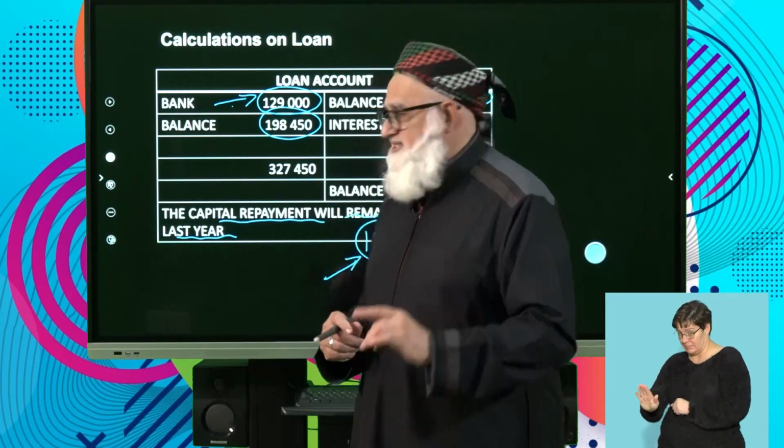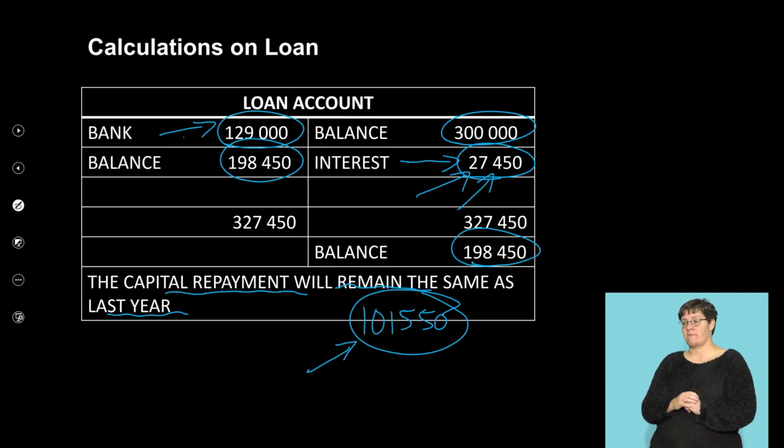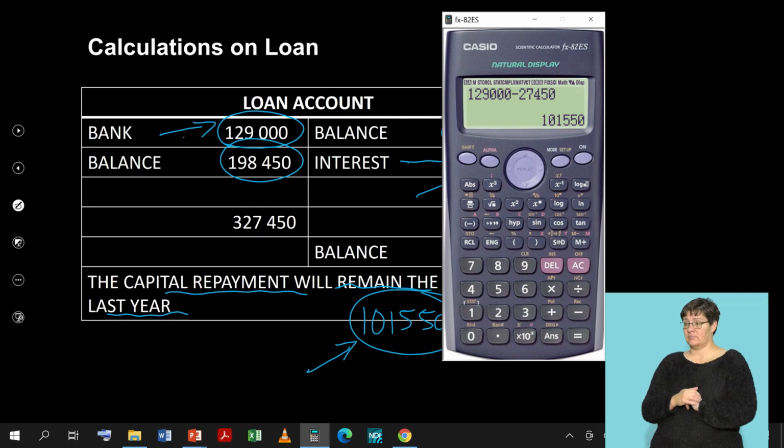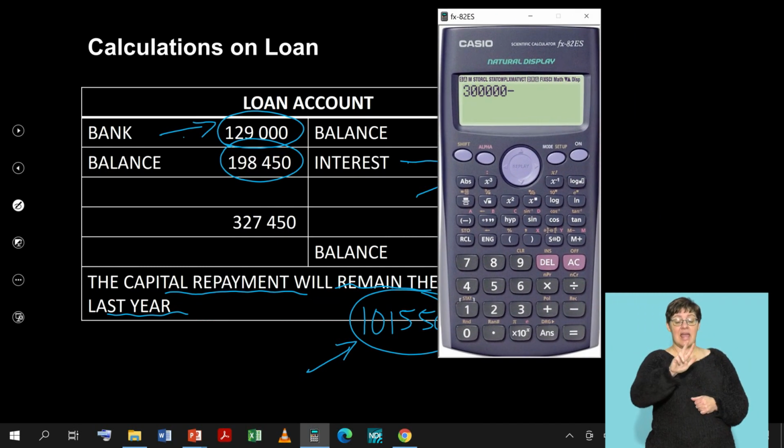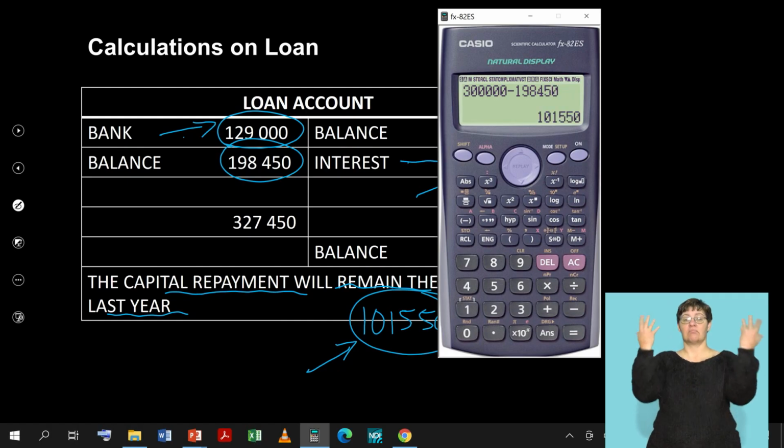But now, let me show you another way of checking this out. Okay, watch this. If I take my opening balance of 300,000, right? 300,000 minus my closing balance of 198,450. What do you get? 101,550, the same amount.